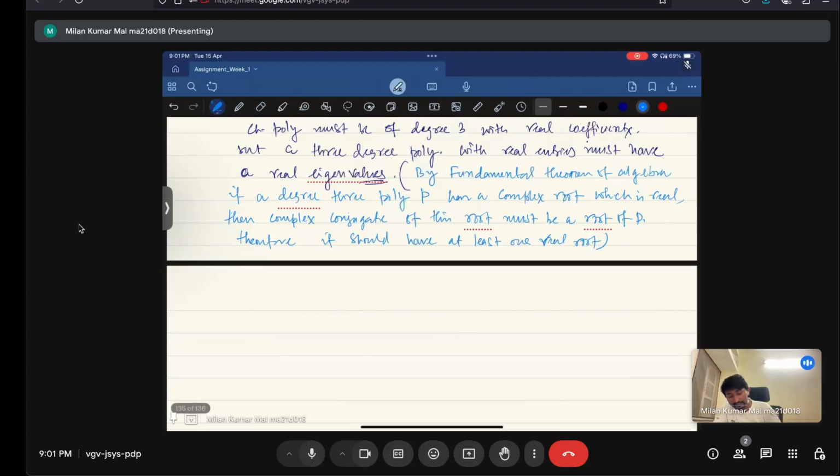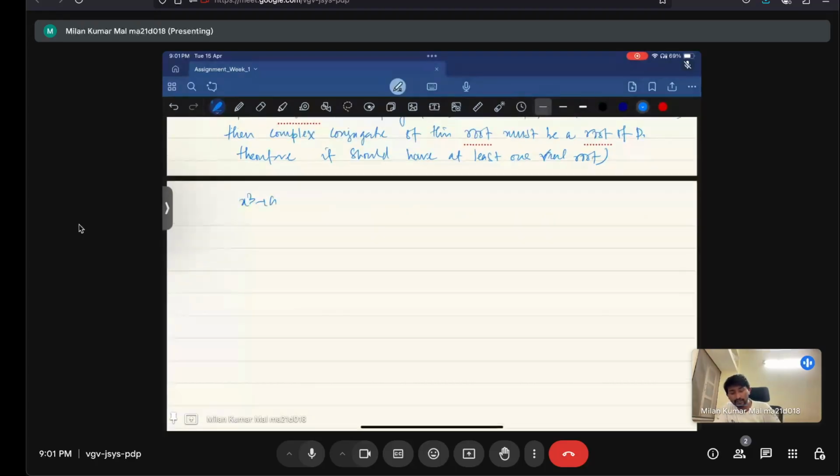Why is this? So let's take a degree 3 polynomial, for example, x cube plus a x square plus bx plus c, and I want to find what the real roots are. I know a, b, c are real. So the fundamental theorem of algebra says that if alpha plus i beta, where beta is not equal to 0, is a root of the polynomial, then this is a root which is not real.